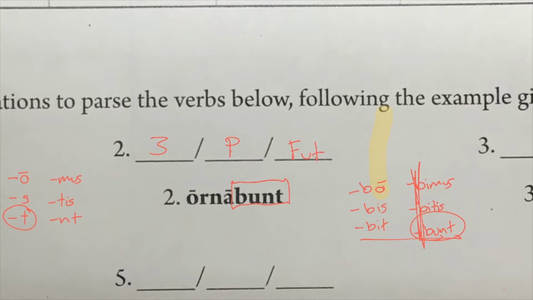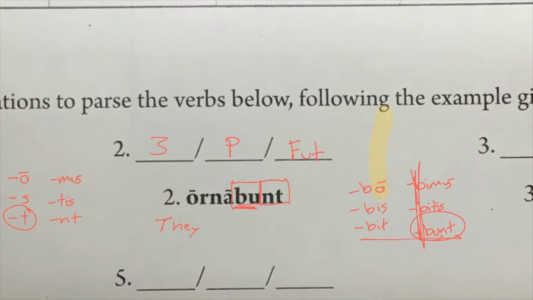Now, we're not required to translate these on this particular assignment, even though it's called a translation worksheet. But I think it's helpful if we do. So if we break this ending down into its basic parts, we should be able to translate. The NT here is the basic ending. And we've learned that the NT or unt means they. And then we work our way toward the beginning.